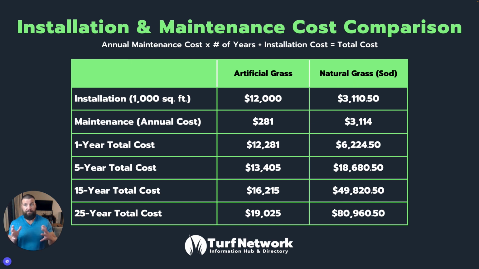So looking at the cost of installing and maintaining artificial grass versus natural grass or sod over a 25-year period, the installation for artificial grass is $12,000, natural grass $3,100. The maintenance for artificial grass $281, natural grass $3,114.